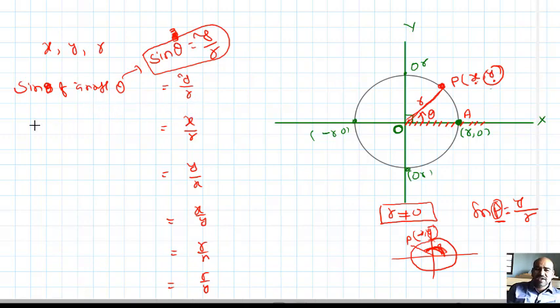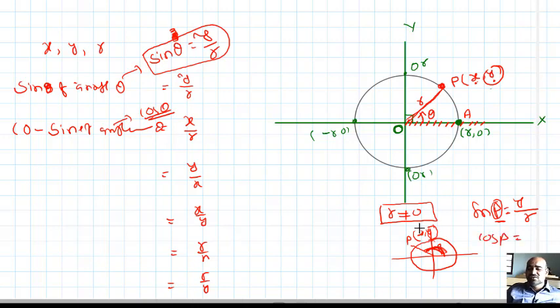Next, the x by r ratio is defined as the cosine of angle theta, or simply in short notation, cos theta. Cos theta means x by r. What is cos beta here? By this definition, it is the x coordinate, minus x, divided by the distance r from the origin to that point.